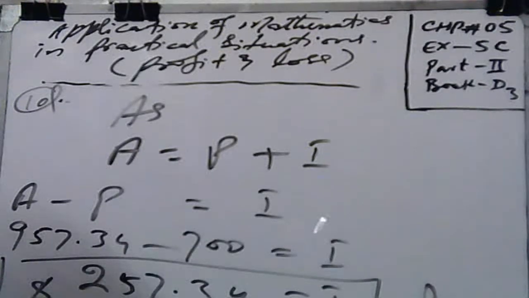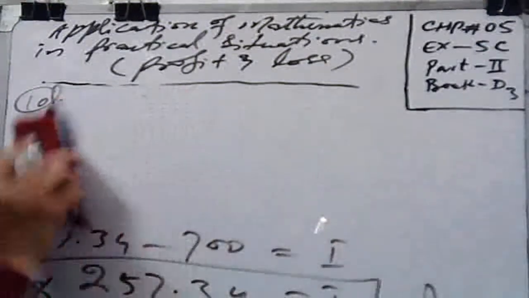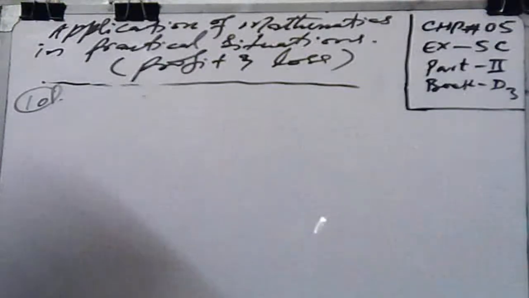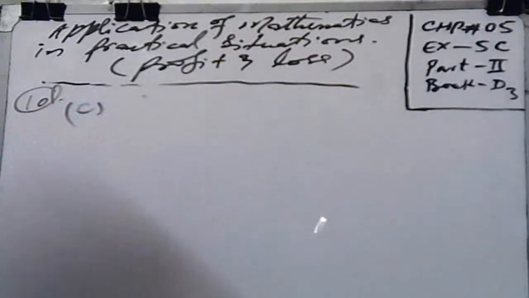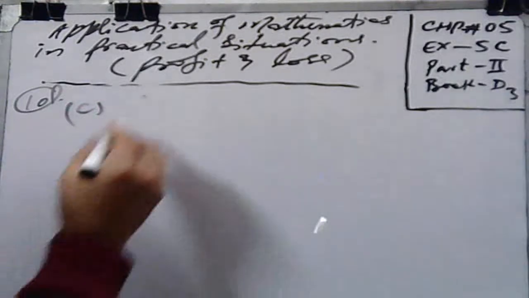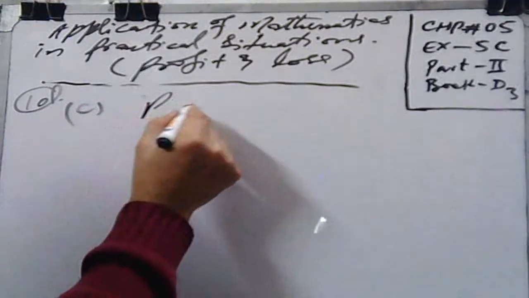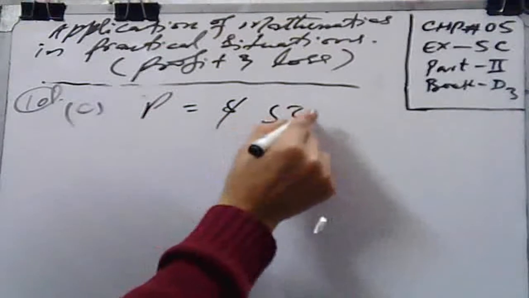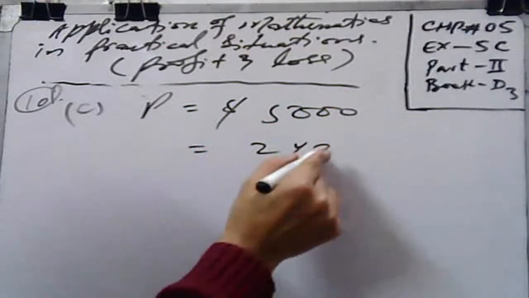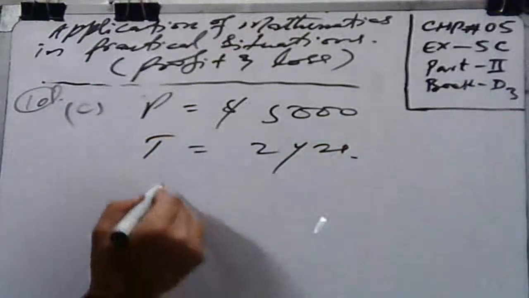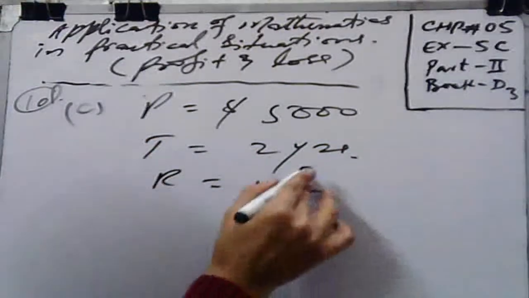The principal amount is $5,000, and time period is 2 years, rate of interest is equal to 11 whole 3 by 4 percent, which can be written as 47 by 4%.